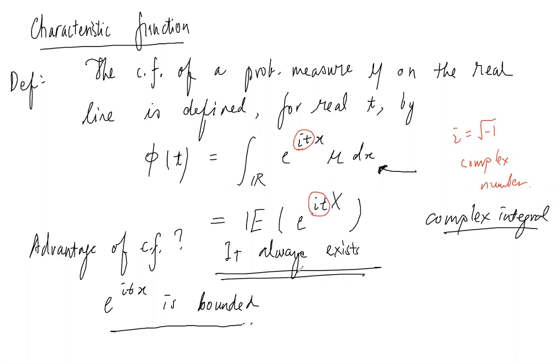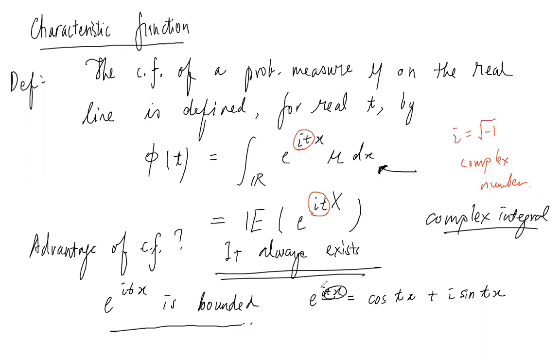If you remember your complex variable theory from basic maths, this is something called De Moivre's formula. The expectation of some complex number here.